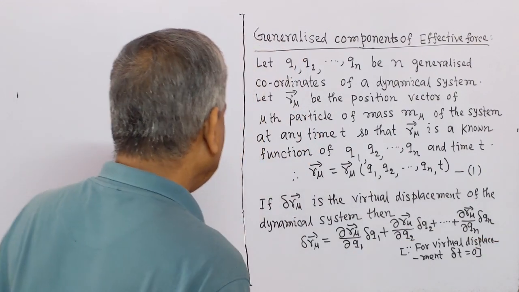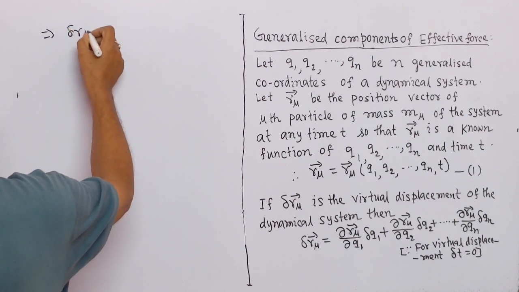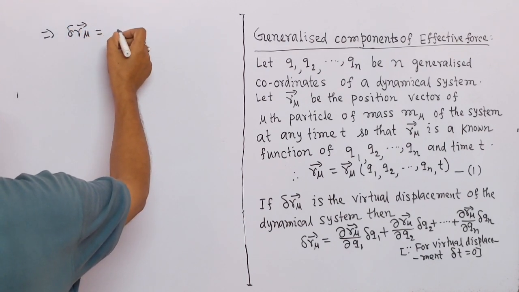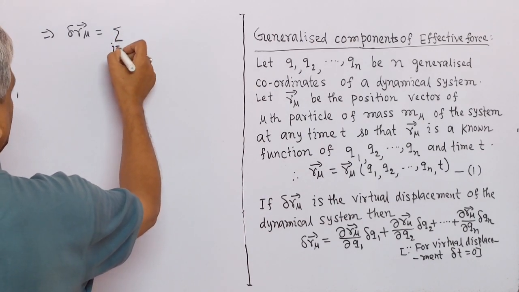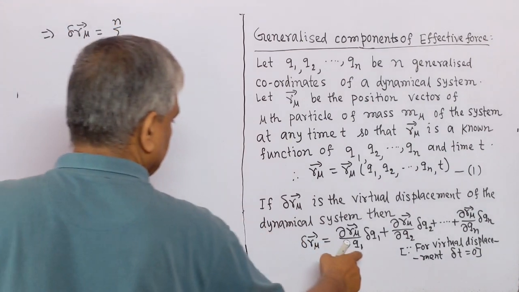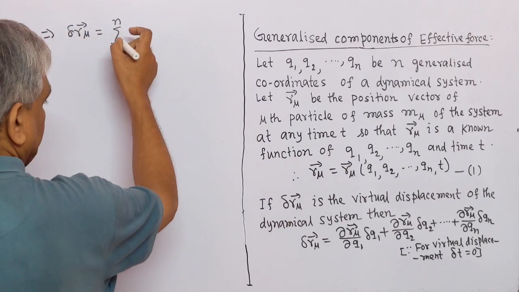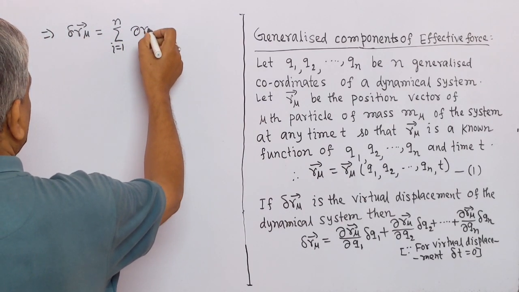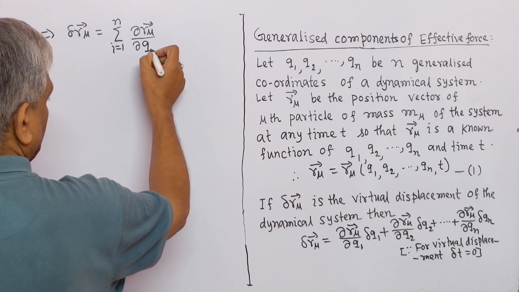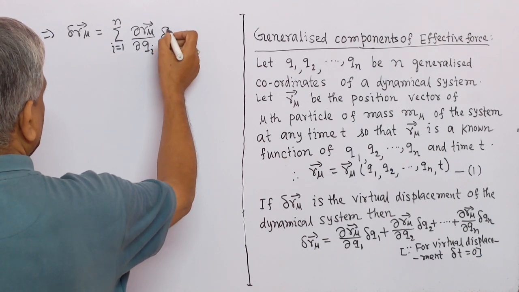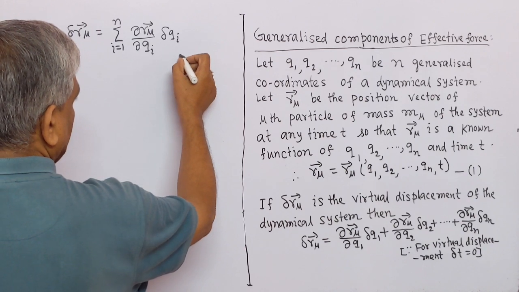We may write this as delta r mu vector equals sigma i equal to 1 to n, where 1 goes with 1 and 2 with 2, so we write sigma of the partial derivative of r mu vector with respect to q i, delta q i. Let this be number 2.